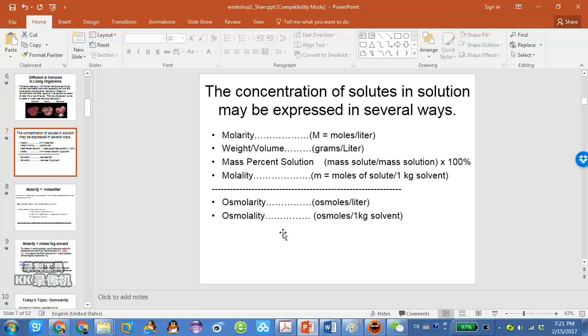The two ways to express the concentration of solutions under the line are osmolarity and osmolality. From the names, you can tell that osmolarity comes from molarity and osmolality comes from molality. That's very true. And the difference between these two concepts is only in their denominators.